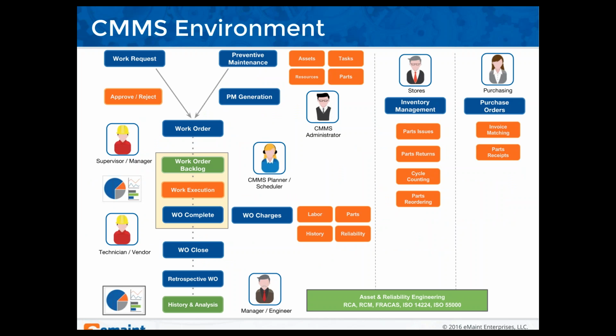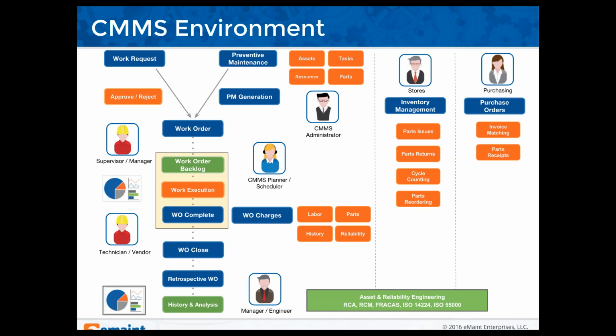What we're looking at here is a typical CMMS environment. It's a workflow type illustration, and it gives a flavor of the type of functionality that the software that eMaint can provide, and it presents the key business processes: work requests, work orders, preventive maintenance, and the actors or the roles involved: managers, planners, engineers, technicians, stores people, purchasing people.